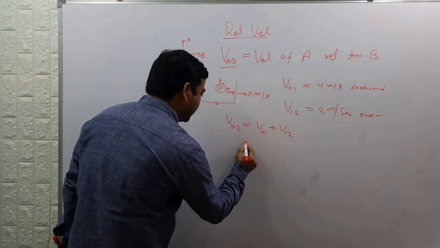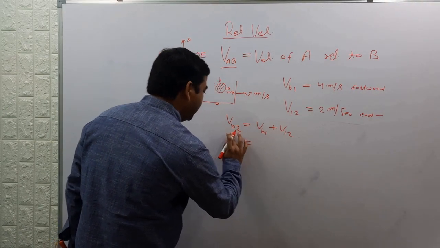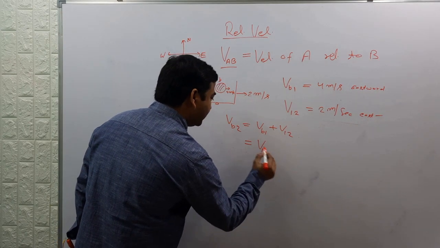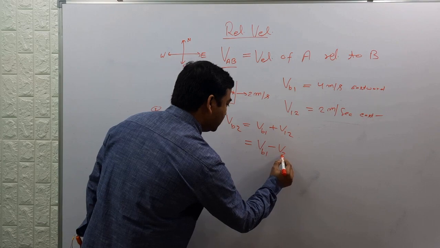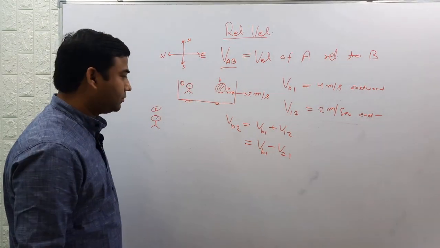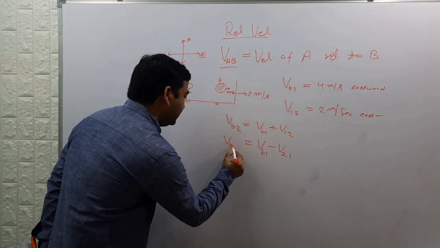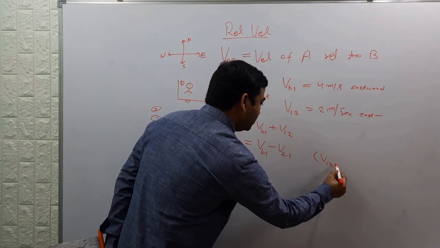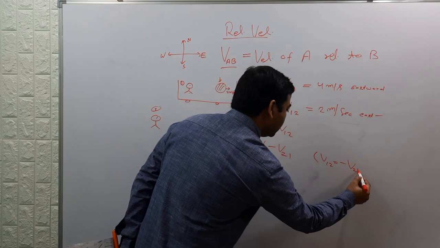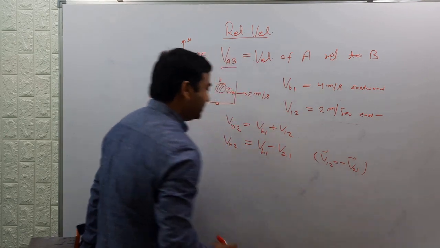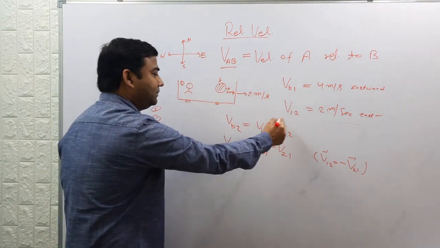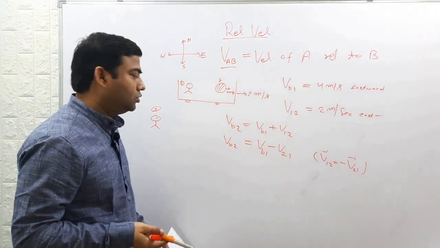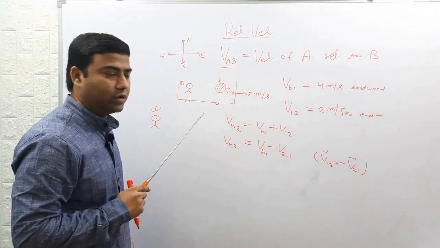Again, we can write this expression as VB2 is equal to VB1 minus V21, because V12 is equal to minus V21. They are all vectors. I am not writing this arrow every time, but you should know that velocity is a vector quantity.